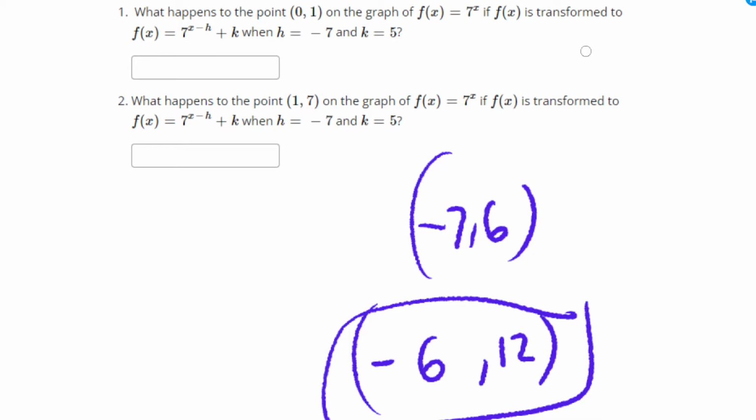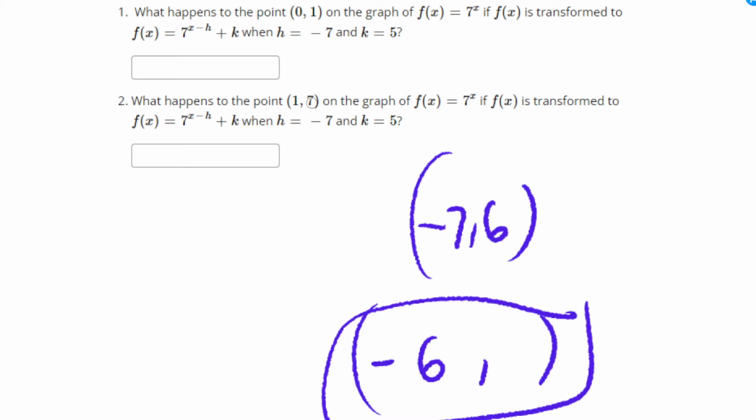Let me double check that one just to be sure. Negative 6, 12. Uh-oh, wait, hold on. I think I did something wrong. One second. Okay, I accidentally made an error with addition.